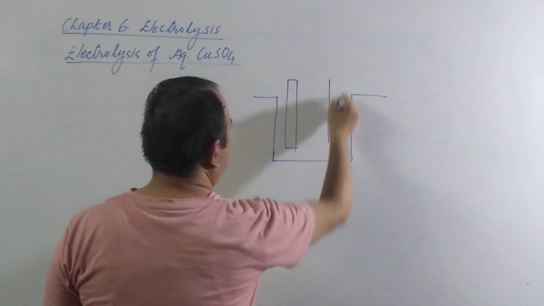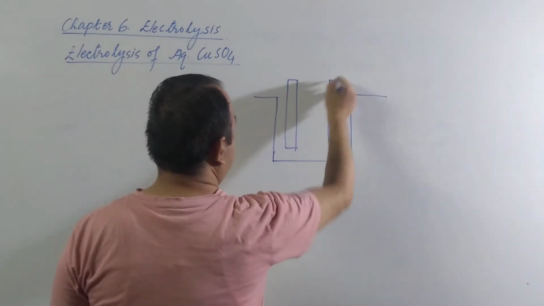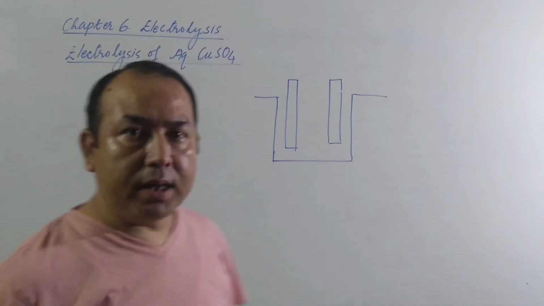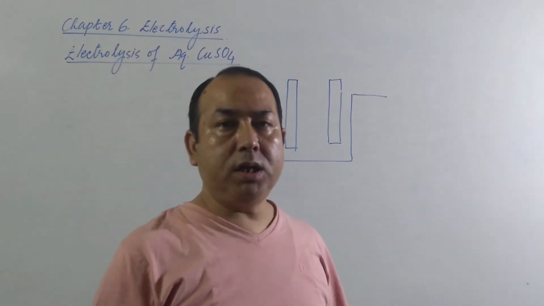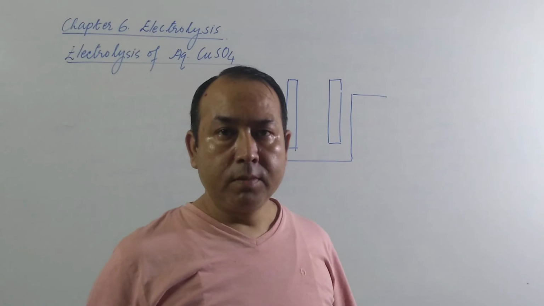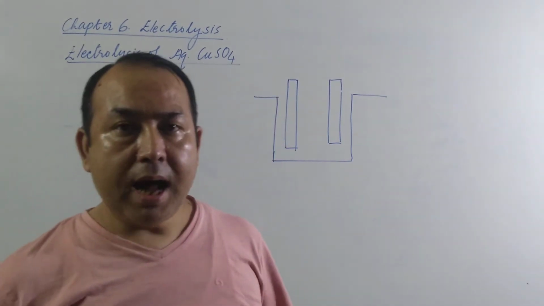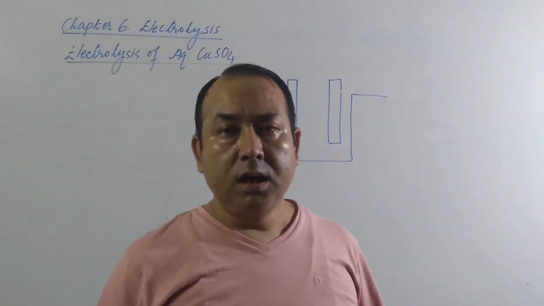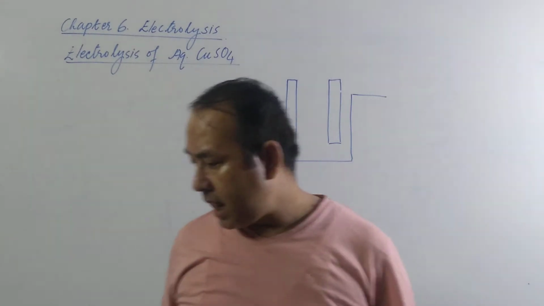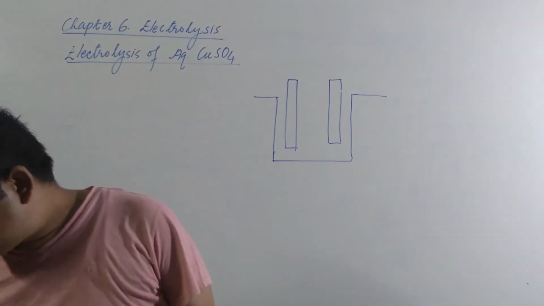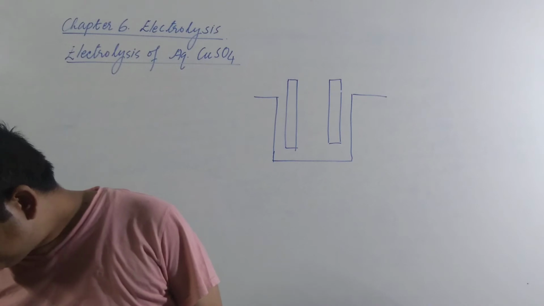Now, we need to learn the electrolysis of copper sulfate in two different ways. The first one is using an inert electrode like platinum, and the second one is using an active electrode like copper.